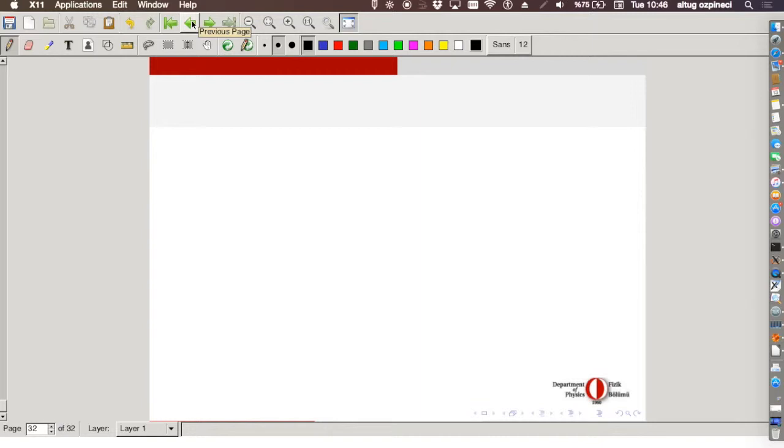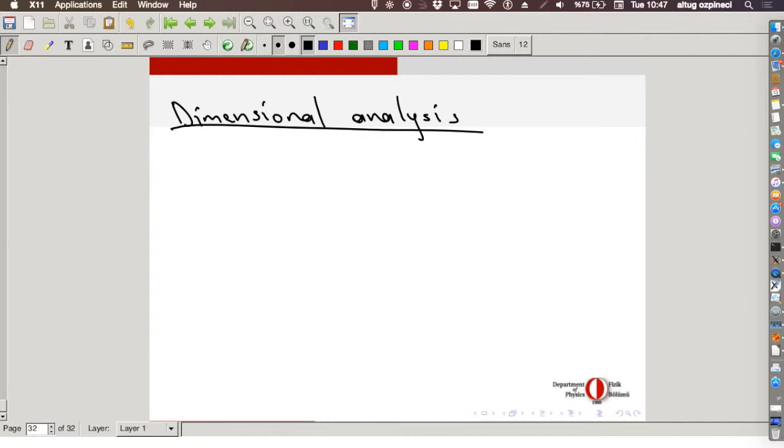Now let's do one more thing. Dimensional analysis. Again, we are discussing this one-dimensional motion with constant acceleration.